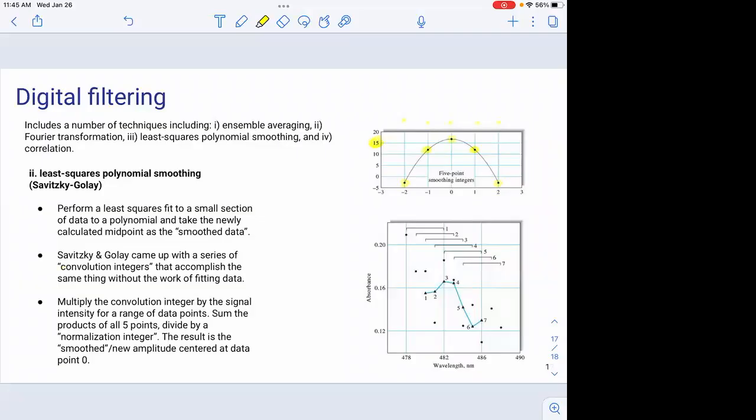So these convolution integers that Savitsky-Golay came up with are essentially empirically derived numbers that allow you to consistently give low priority to points that are farther away from the point of interest. Well, this is a terrible explanation. Anyway, it's kind of a cool method.